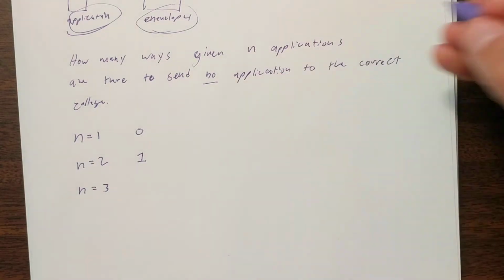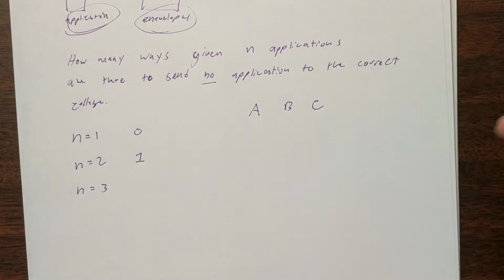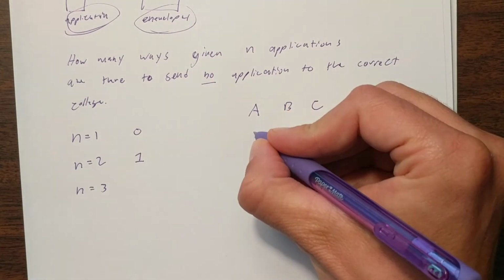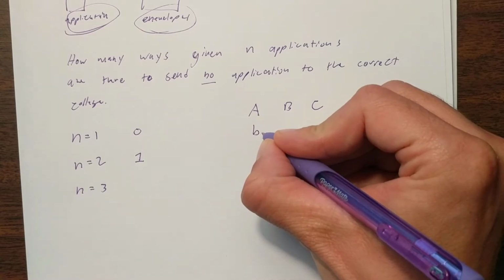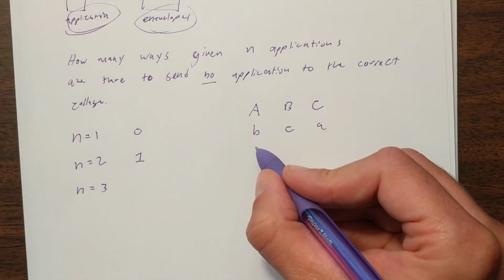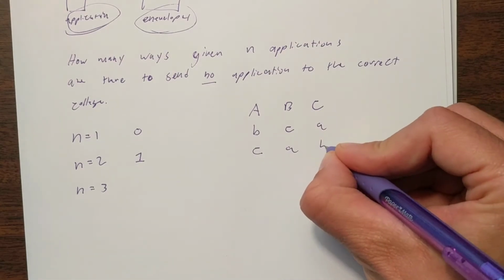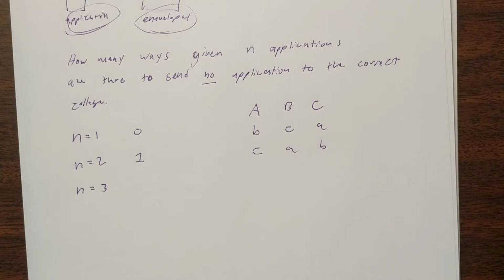What about n equals 3? Well, okay, so let's think about this. Let's say we have colleges A, B, and C. To get them to not go to any correct one, we can't flip any. We basically just have to cycle, right? So I would have to do B, C, and A, or I could do C, A, and B, right?